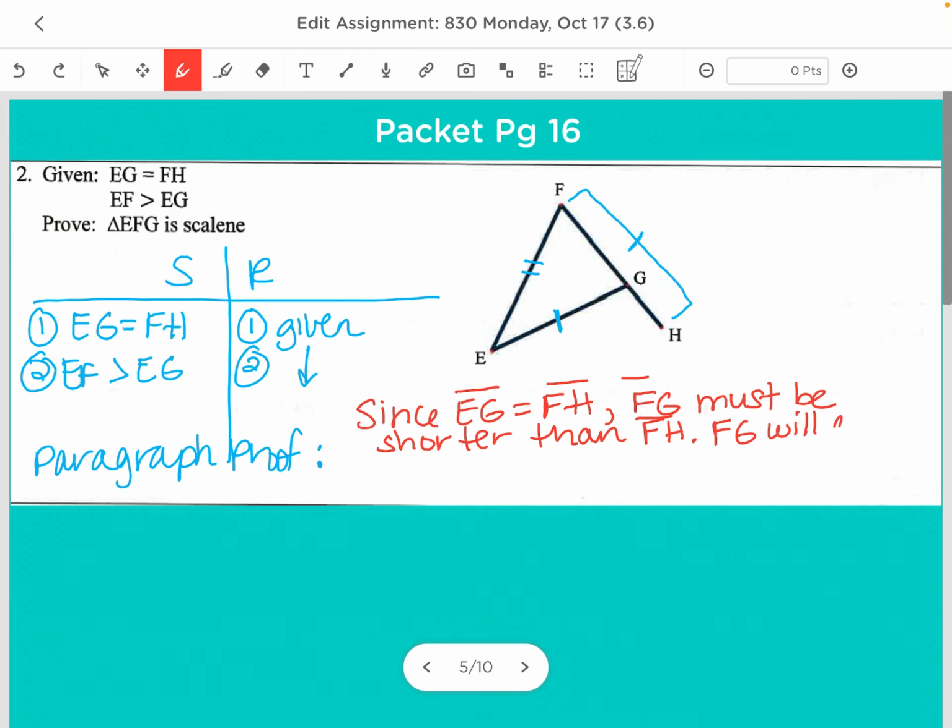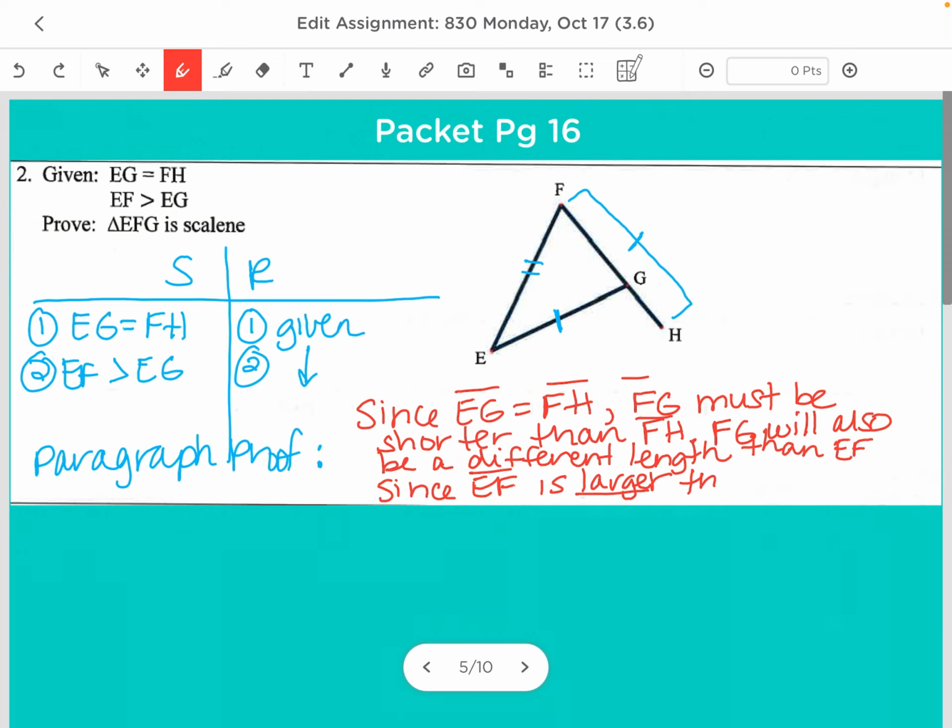FG will also be a different length than EF, since EF is larger than EG.